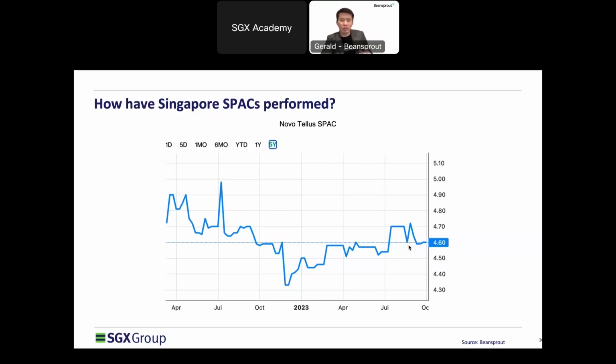Okay, so three different SPACs, weakness in 2022 in line with weakness in the tech sector. Vertex SPAC has done a bit better in the last few weeks because of the business combination that it has proposed. But Pegasus and Novo Teller are actually still at about the $4.60 level.